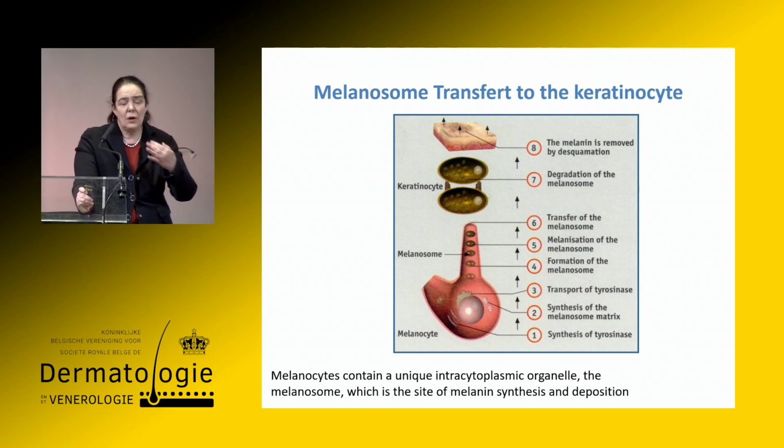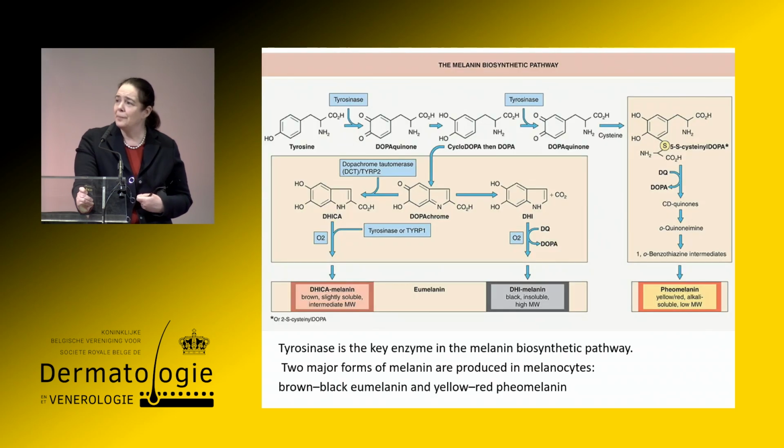So this is what happens when you go on holiday. You are exposed to sun and you get a tan, but after that the tan progressively disappears because of the melanin that disappears with desquamation.